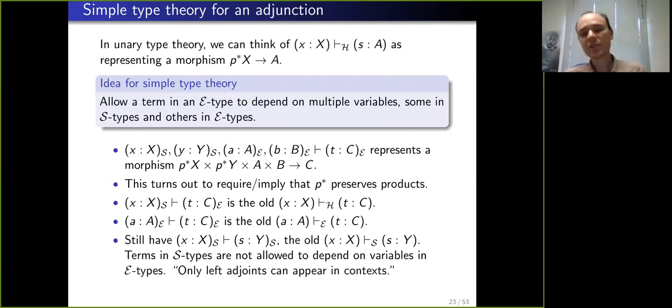The terms in S types are not allowed to depend on variables in E types. We only allow S types under left adjoints, like the upper star, to appear in the context. And this is basically due to the asymmetry of intuitionistic type theory, where we have multiple things in the context, but not in the conclusion. You can imagine messing with it, but that's not what we're doing right now.